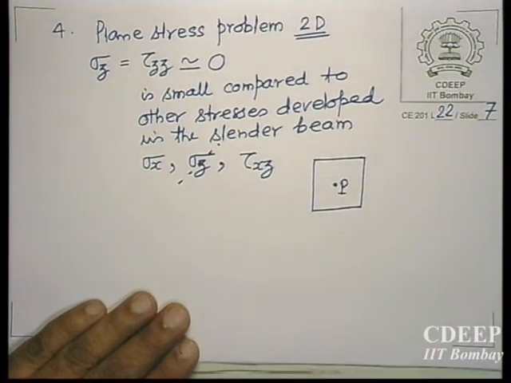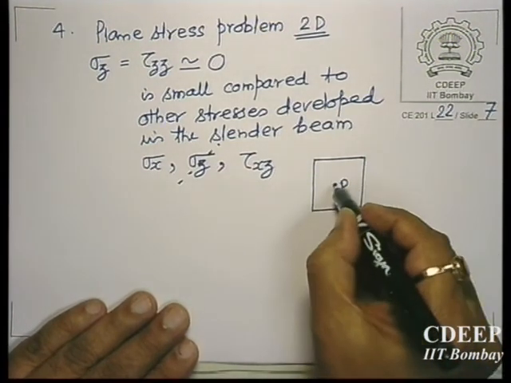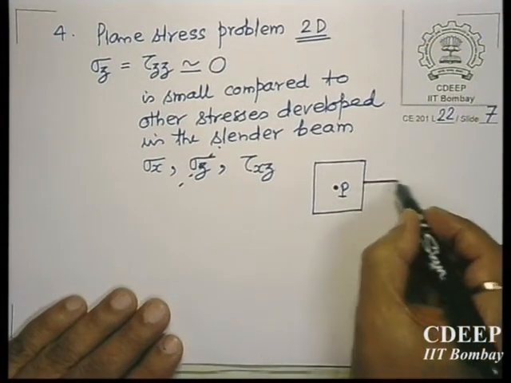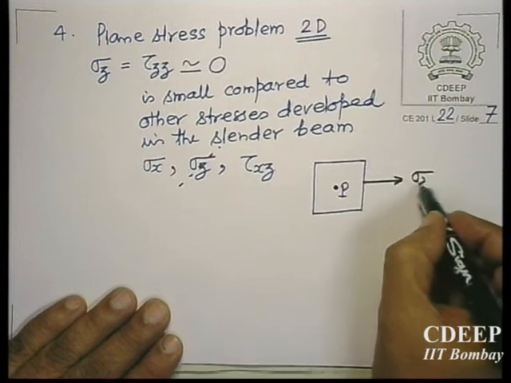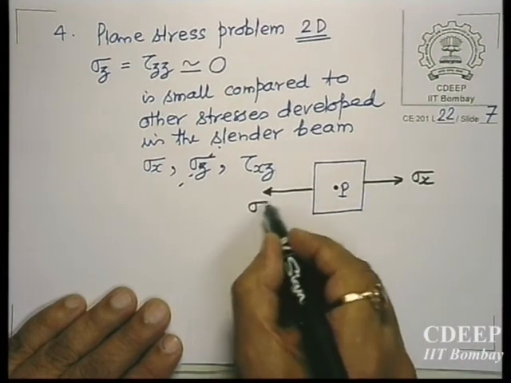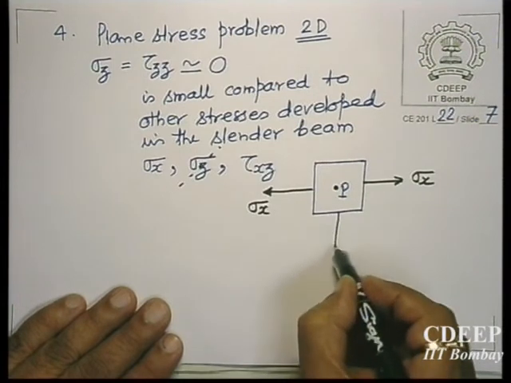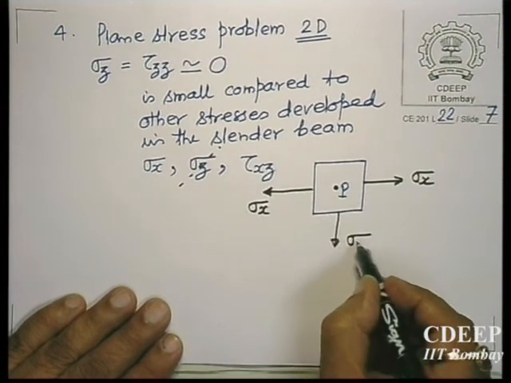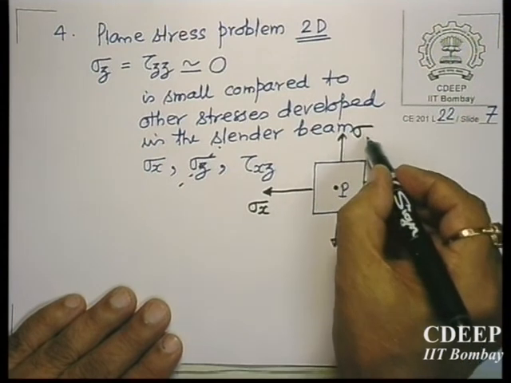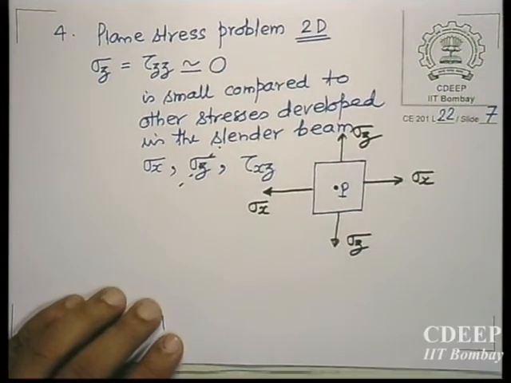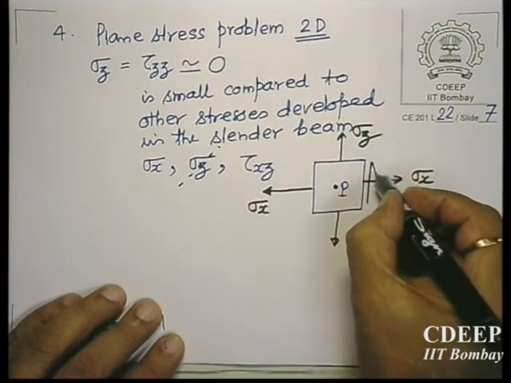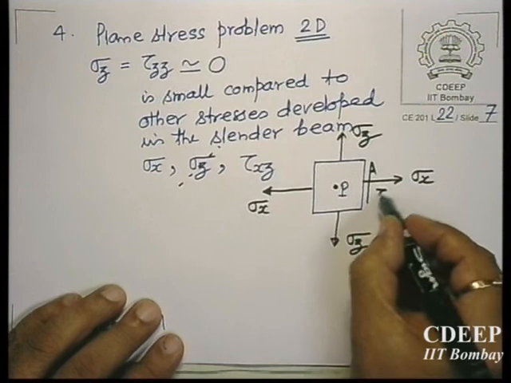What are the stresses at point P? It is plane stress, so you have sigma x, sigma z. Then on this face you have tau xz.